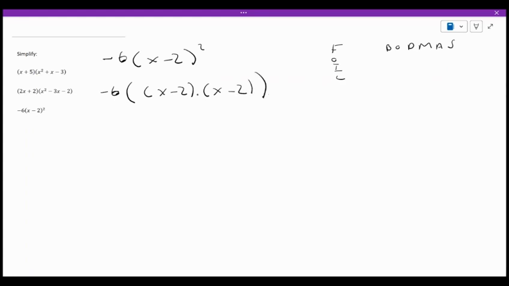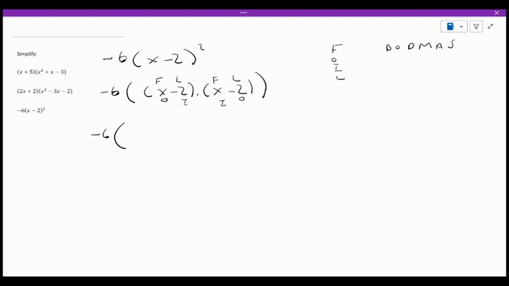Now, our FOIL will take us where we want to go. We mark our firsts, our outers, our inners, and then our lasts. And then we just carry the negative 6. It's still outside. We have to solve the brackets first.